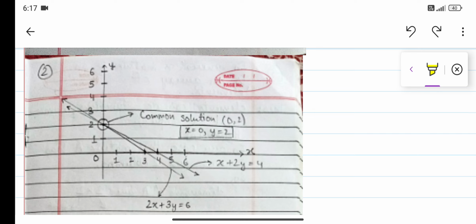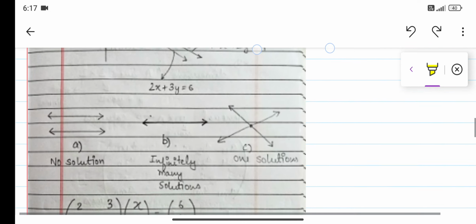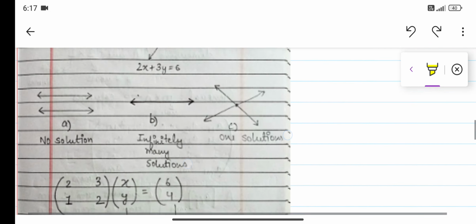So simultaneous equations in two variables are nothing but two equations of a line, and we have to check whether they meet at a common point, whether they superimpose each other, or whether they are parallel to each other, that is, they do not meet at all. If they are parallel to each other, there is no common solution. If they completely superimpose each other, there are infinitely many solutions. And if they meet only at a single point, then one solution exists, right?